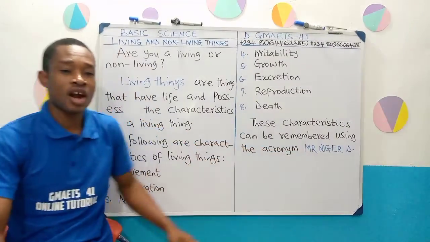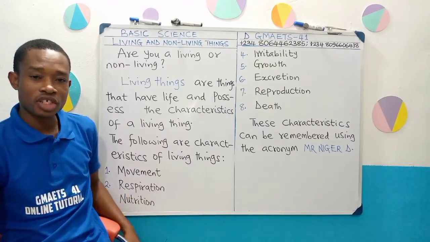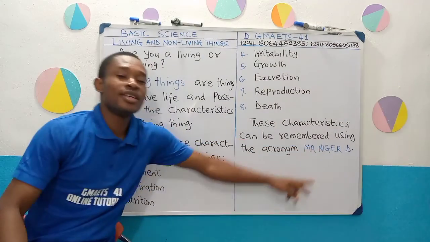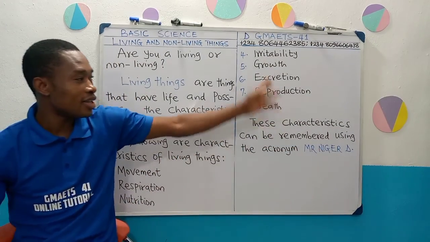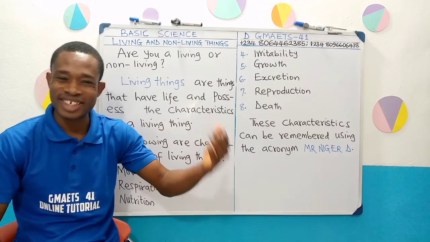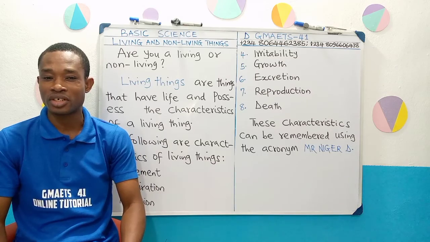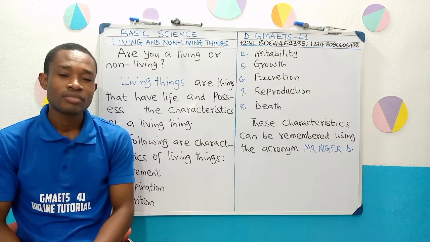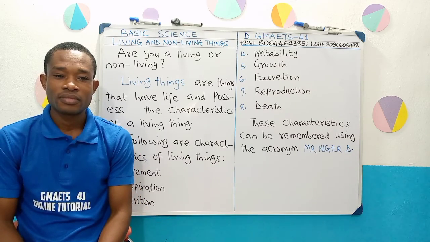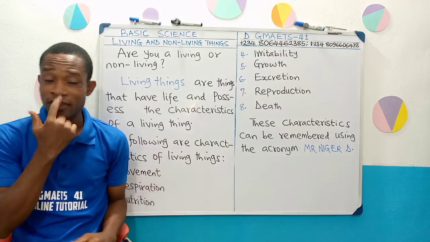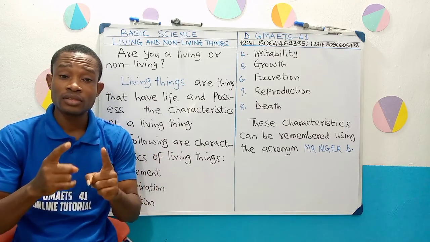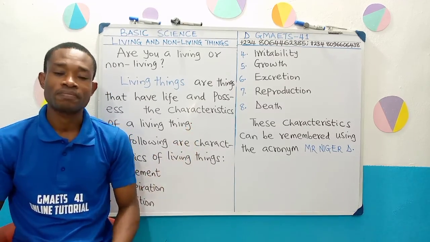The first R there is respiration. N is nutrition. I, irritability. G, growth. E, excretion. The second R is reproduction. And D, death. So these are the characteristics of living things, and every living thing has these characteristics.